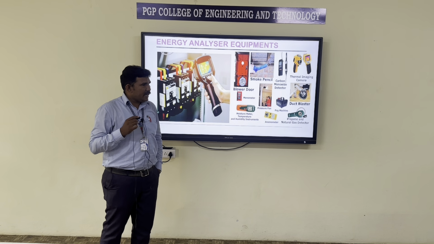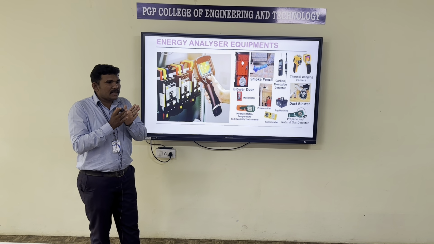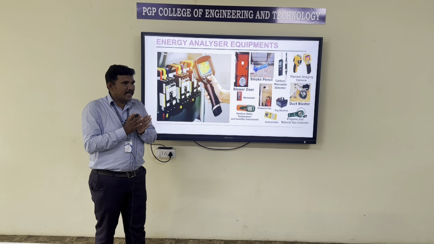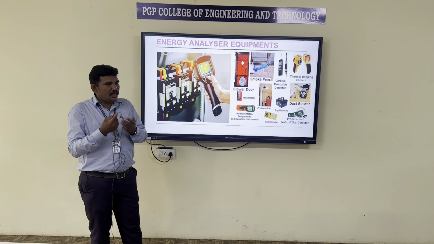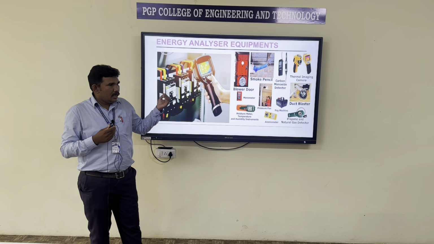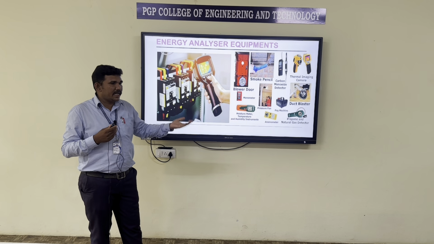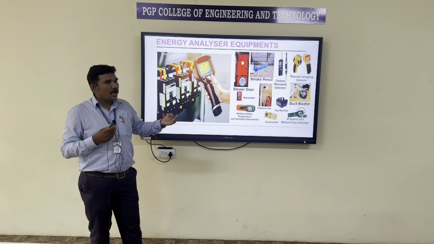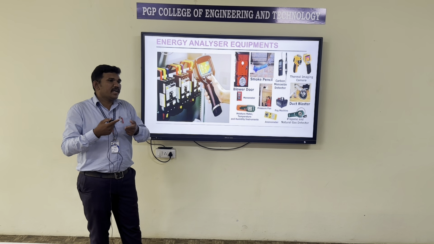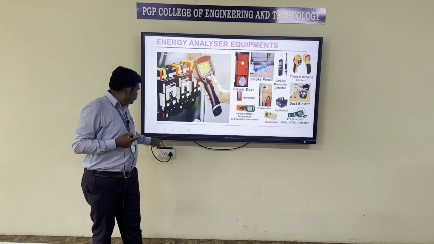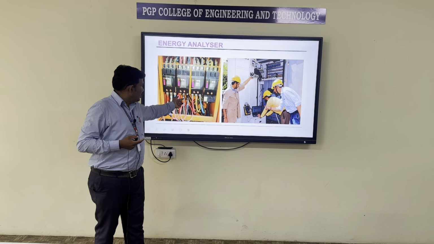One kind of method of energy auditing is by replacing the equipment. Another method is to keep on monitoring whether there is any insulation failure, or any damage in the terminal, and we have to change it immediately.